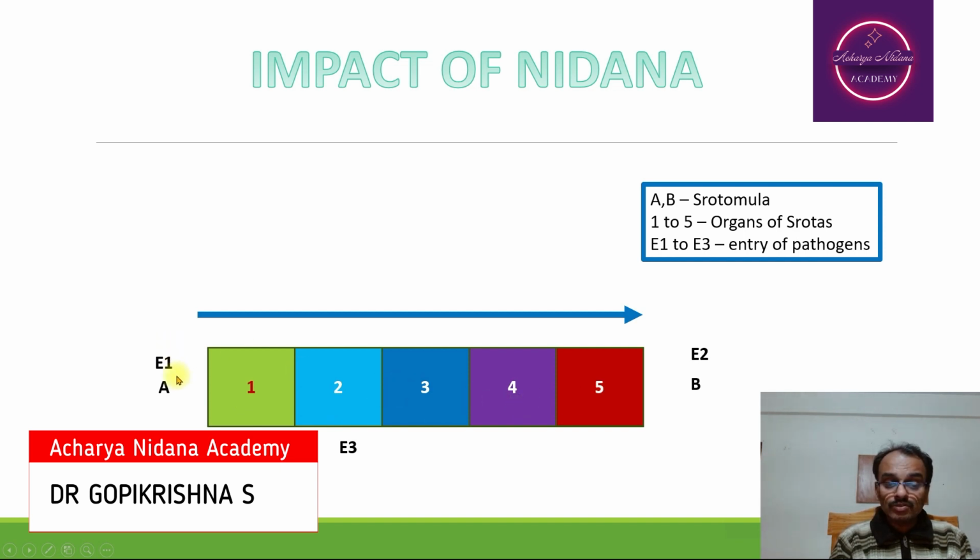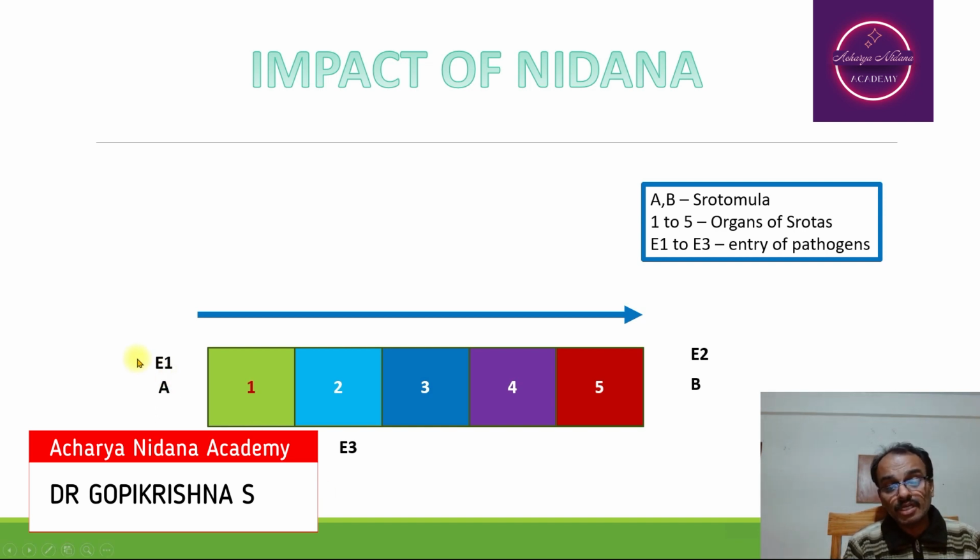Let us say these are the 3 different entry points of pathogen, and Srotomula A and B, and the direction, the blue arrow, indicates that the Srotas functions from A to B. In that situation, the source of entry of pathogen may have a different impact in the body.